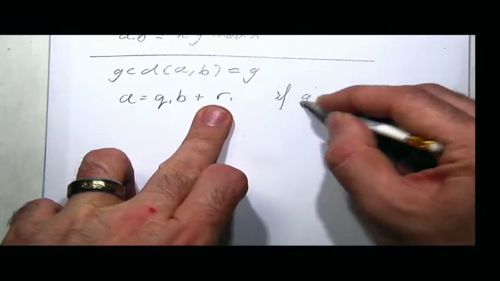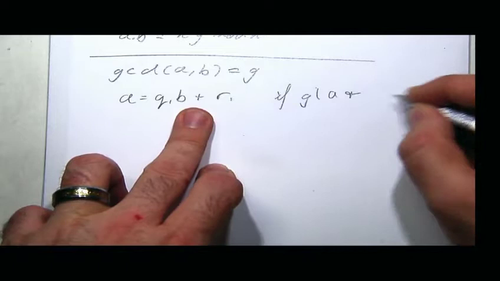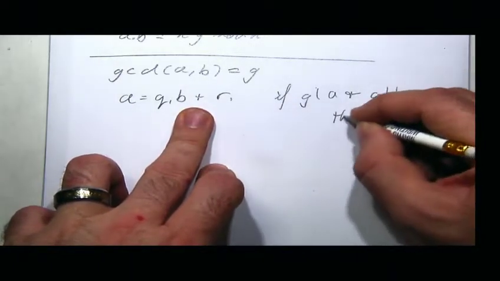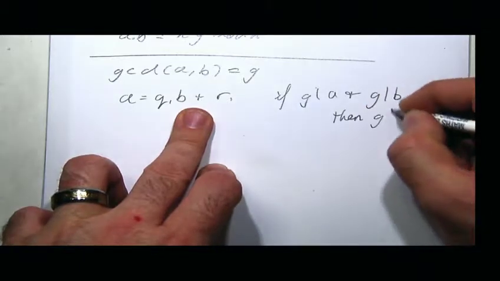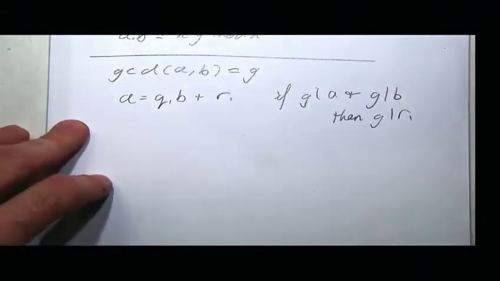G divides A and G divides B, then G divides R1. You know, I might have done that. I'm going to go, which way around did I actually write it?